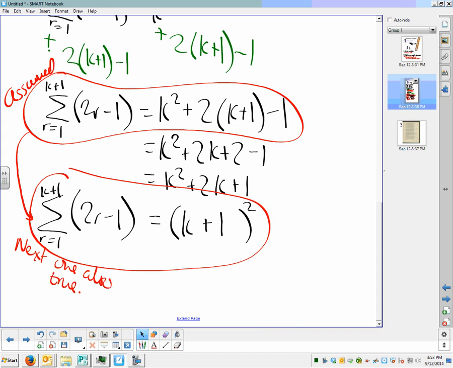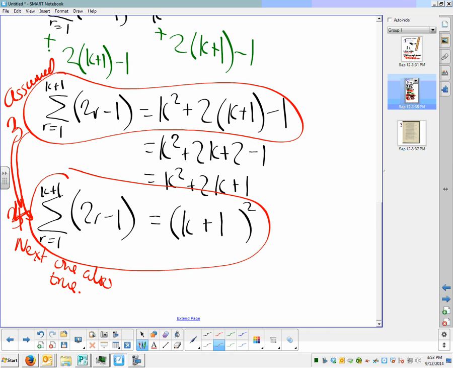So what that means is, let's say this was the first rung, it would mean I can get to the second. If this was the second rung, it would mean I could get to the third. If this was the third rung, it would mean I could get to the fourth. It doesn't matter which rung I was on. I can always get to the next one.